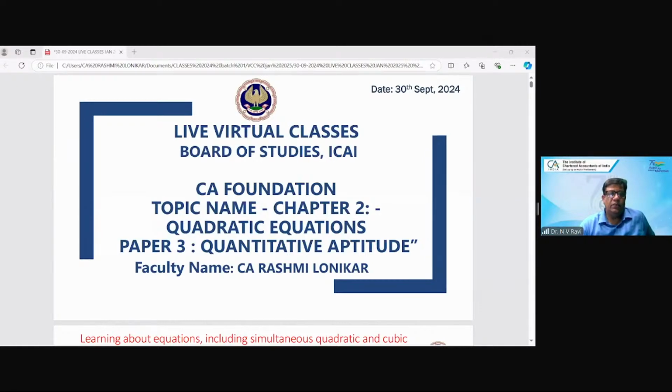Based on this, I can tell what the important aspects are from the examination point of view. Madam will discuss in detail with examples and study material questions. We have to learn how to build up the quadratic equation, and the nature of the quadratic equation based on the discriminant.